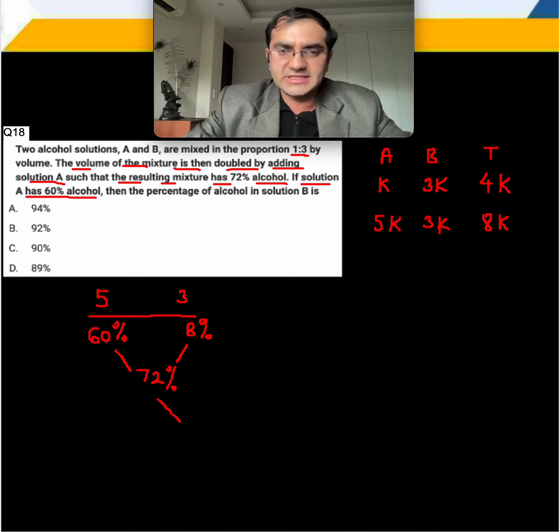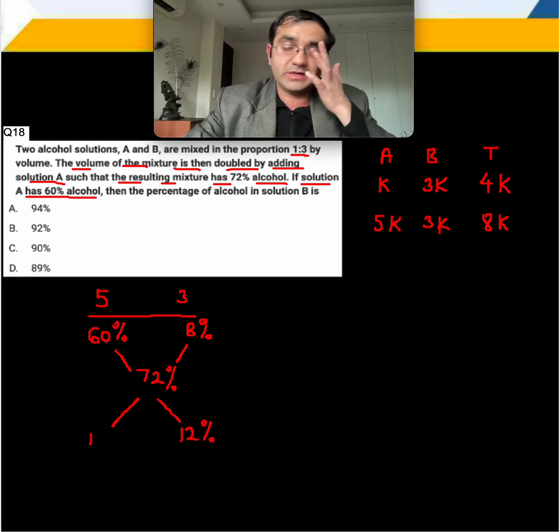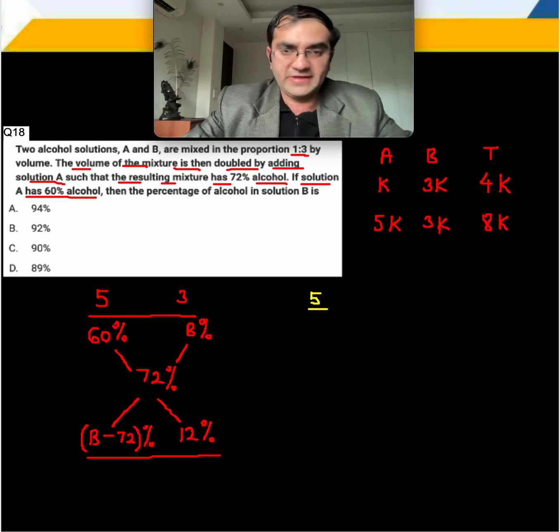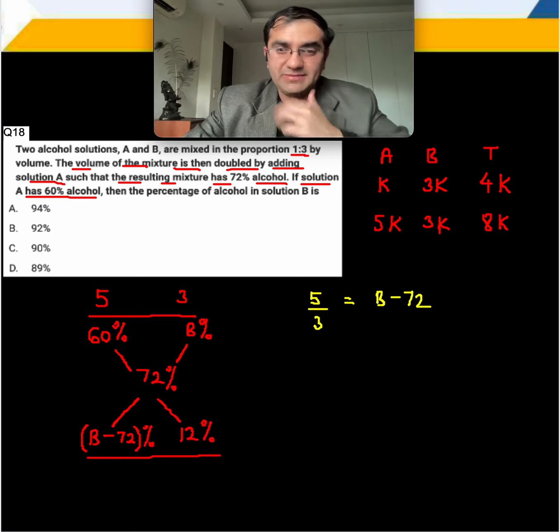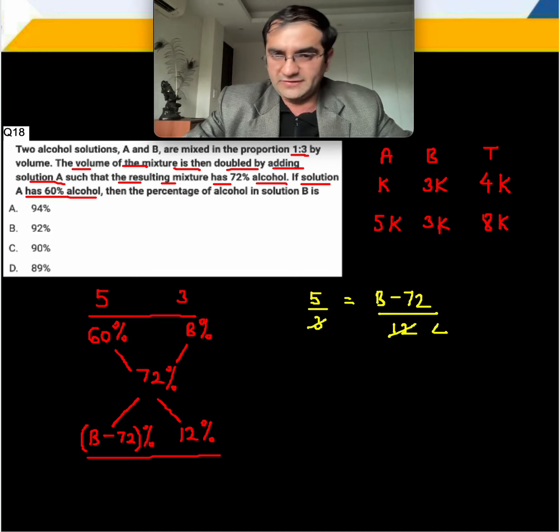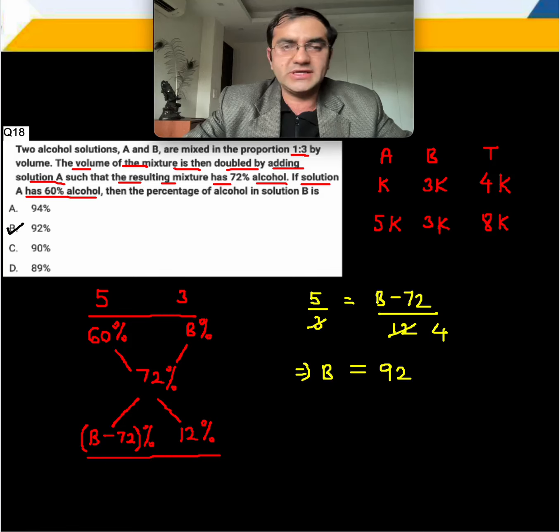Cross subtract 60 from 72, that is 12%, and over here it becomes B minus 72%, and this ratio is 5 upon 3. 5 upon 3 is B minus 72 upon 12. 3 times, 5 fours are 20, so B is equal to 92%, and that is your right answer for this question.